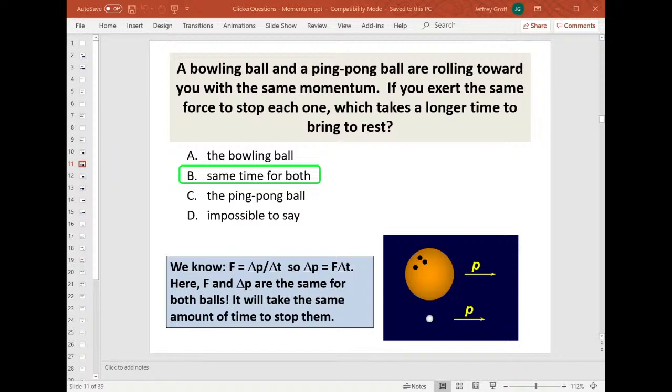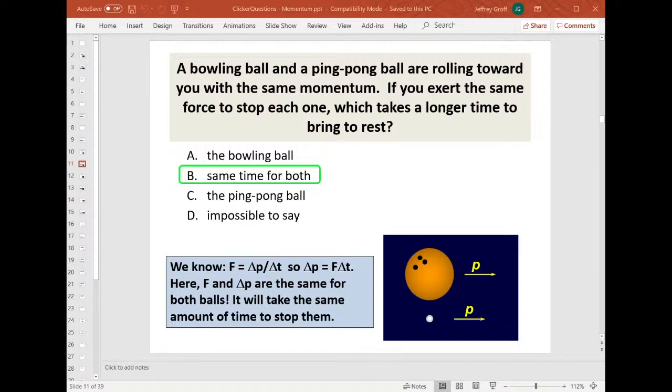The force to slow these moving objects down is the same, and so if you take that impulse expression and solve for force, you get force as change in momentum over change in time. So if those ratios are the same for both cases, and they both start with the same momentum and are brought to rest, then they both have the same F and the same delta P, so they must also have the same delta T.